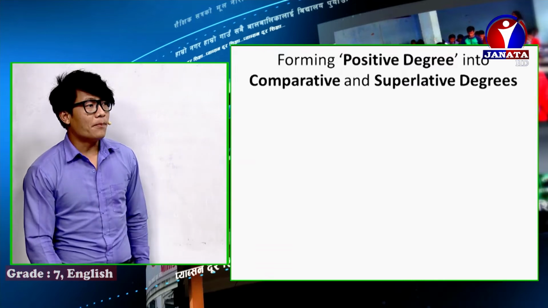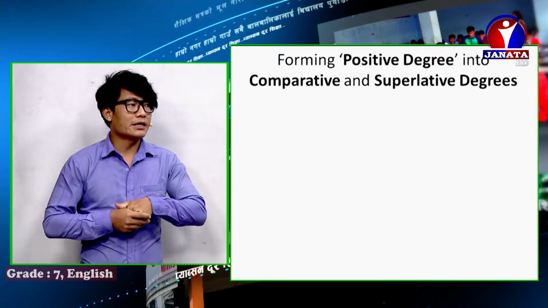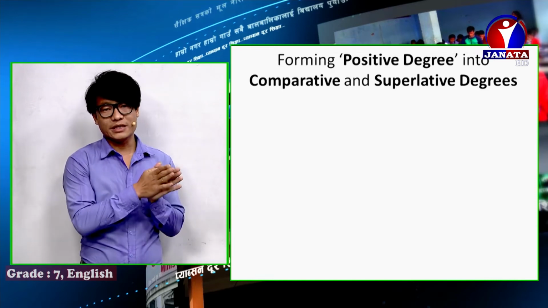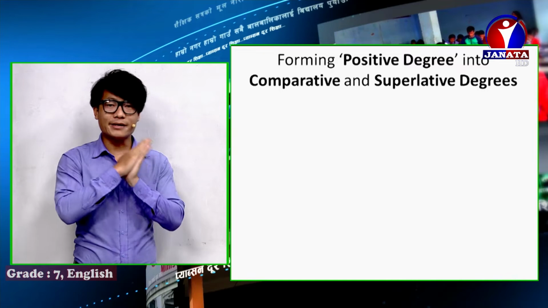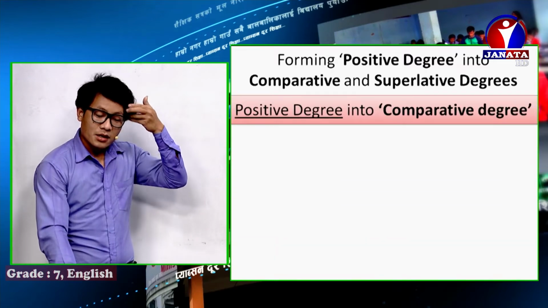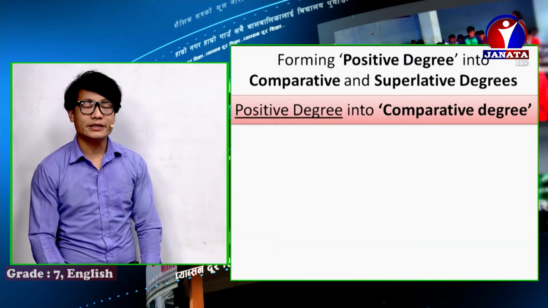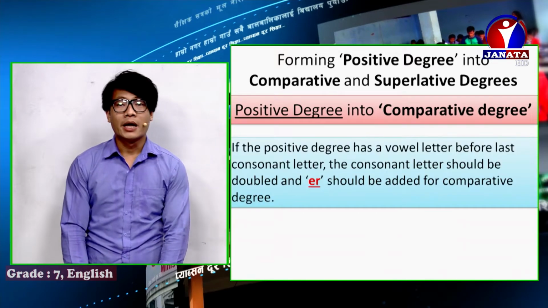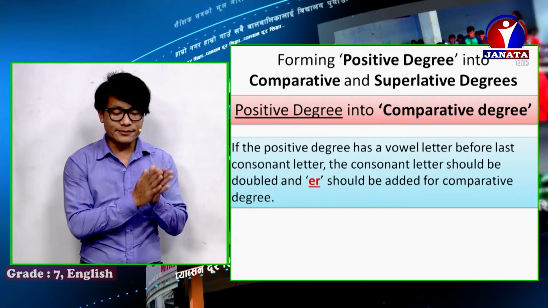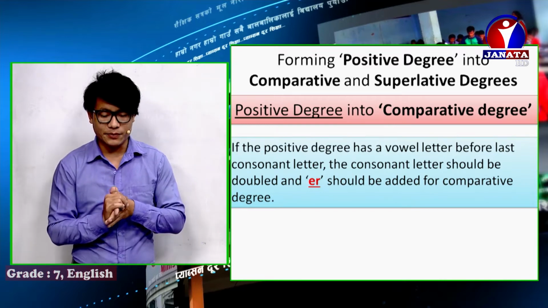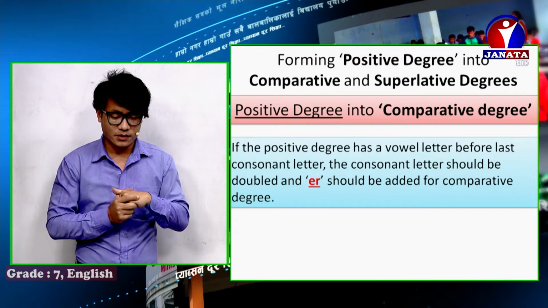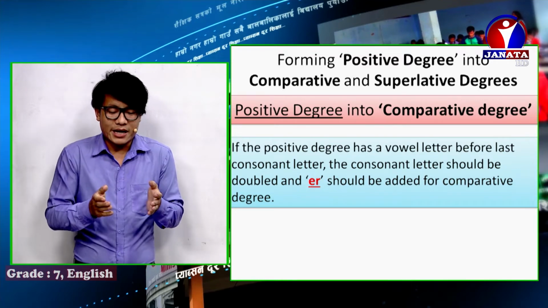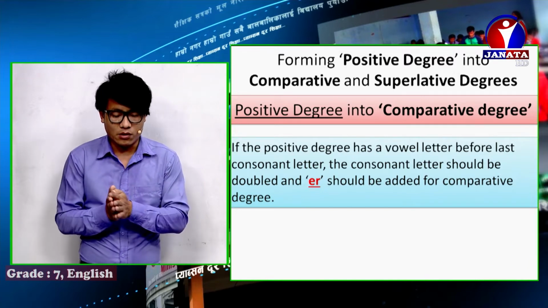Now forming positive degree into comparative and superlative degrees. Let's learn how to form positive degree into comparative and superlative. You can see positive degree into comparative degree first. See, if the positive degree has a vowel letter before the last consonant letter, the consonant letter should be doubled and ER should be added for comparative degree.